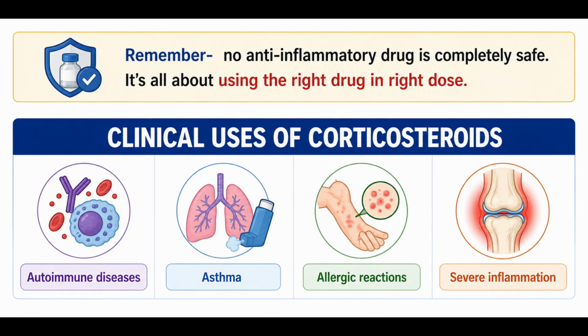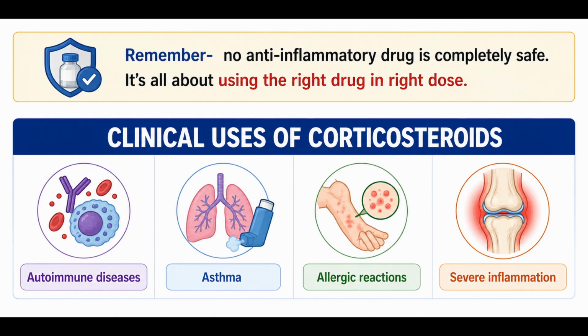Remember, no anti-inflammatory drug is completely safe. It's all about using the right drug in right dose. Corticosteroids are mostly used in autoimmune diseases, asthma, allergic reactions, and severe inflammation.